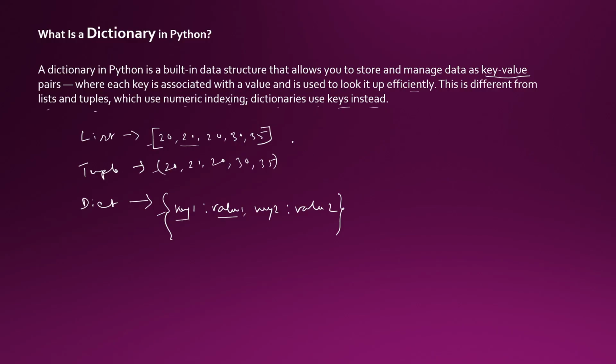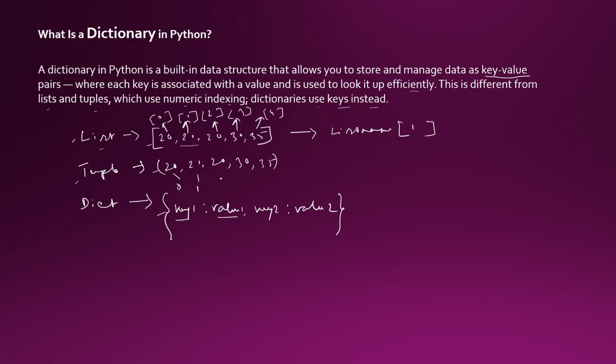Now, in order to access a value from a list and tuple, what have we done? We just call our list name, right? And we pass our index value, because list and tuple both have their own index positions.